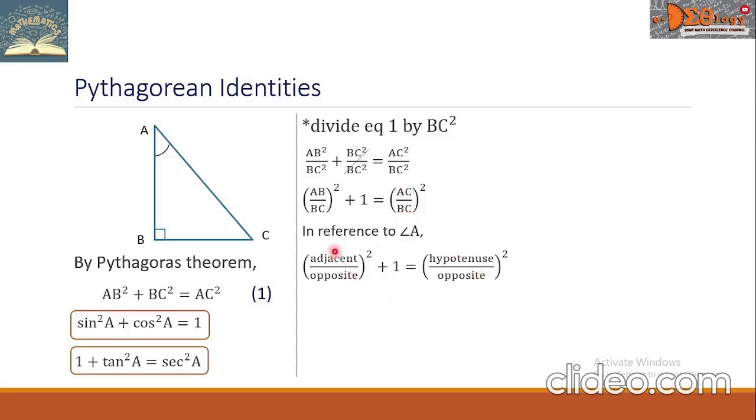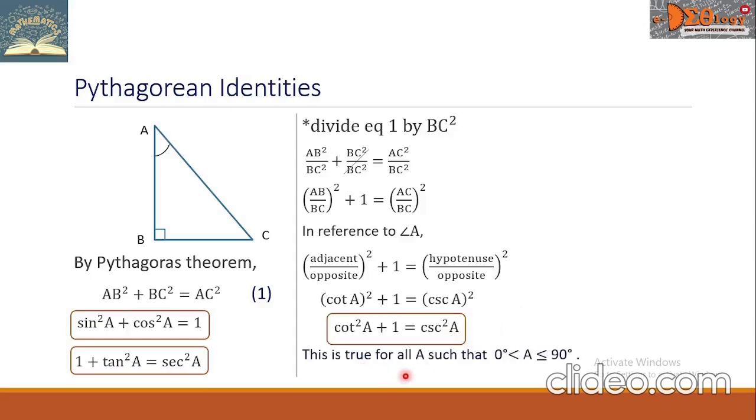Remember that adjacent over opposite is cotangent A, that is squared, then plus 1 equals hypotenuse over opposite, which is cosecant A, that is squared. We can simply rewrite this equation into cotangent squared A plus 1 equals cosecant squared A. This is the third Pythagorean identity.